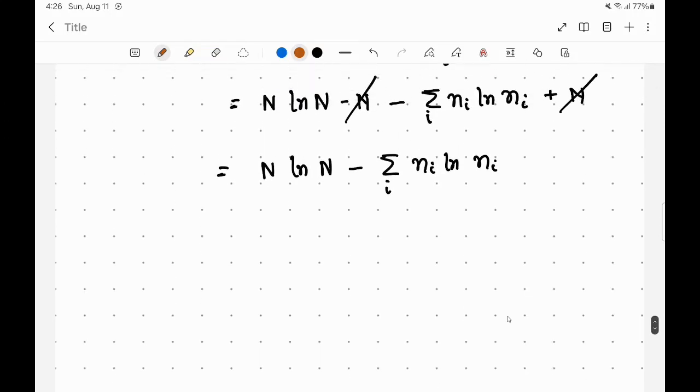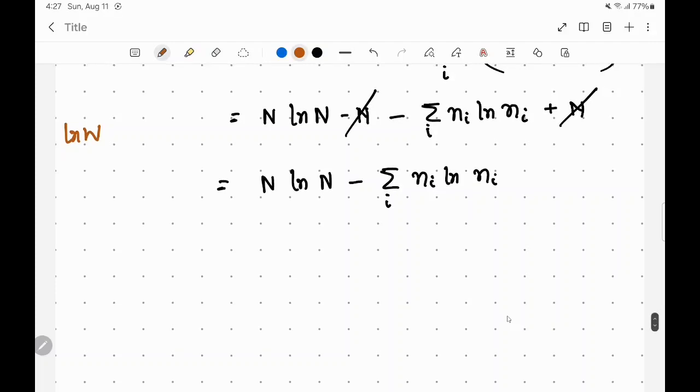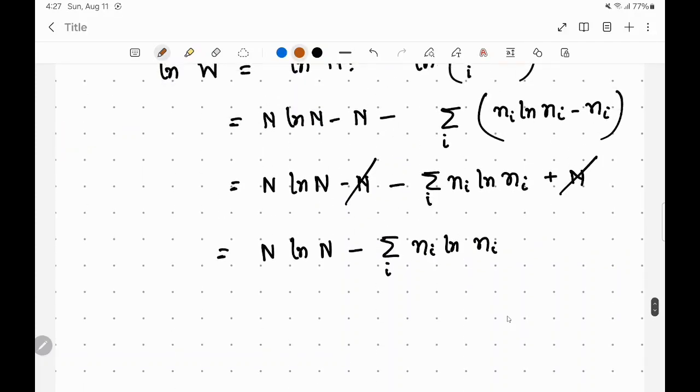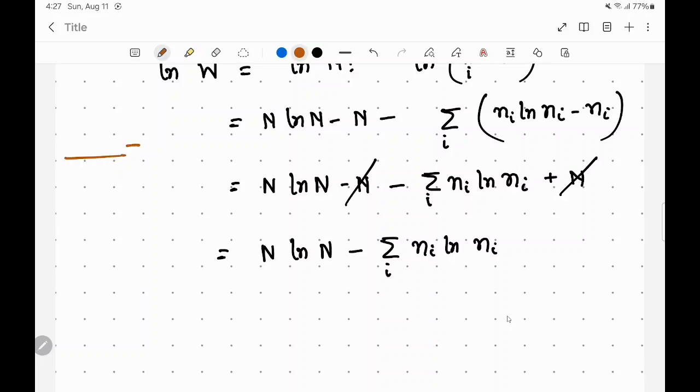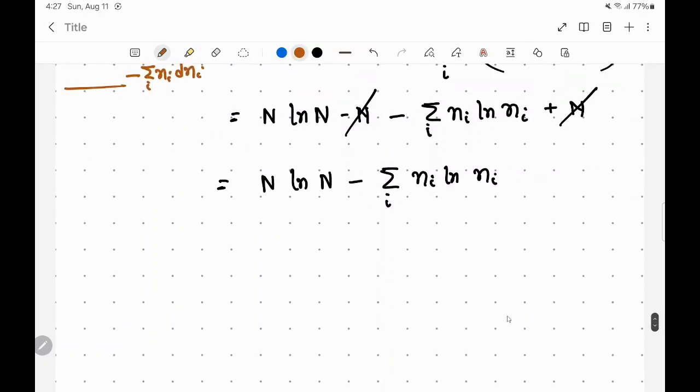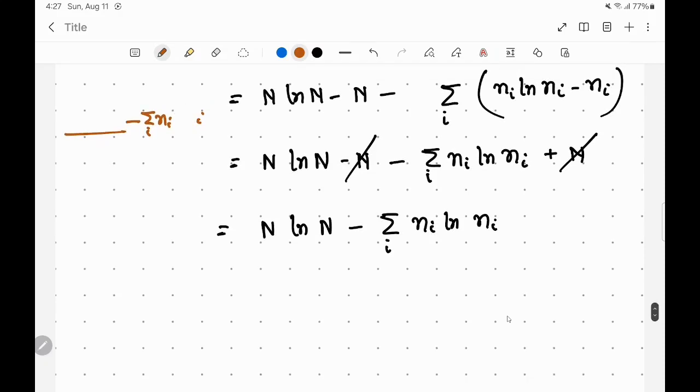So in the question they want to ask ln W. ln W can be written as, the question was, ln W can be written as blank space minus sum over i of ni dni. This is asked. As this is asked, this should not be dni, this should be ln ni, right?